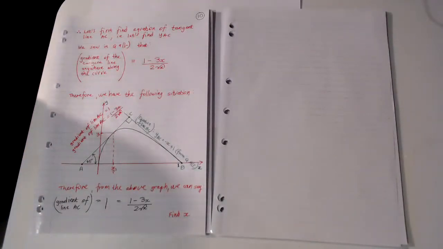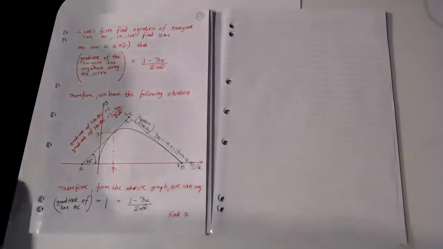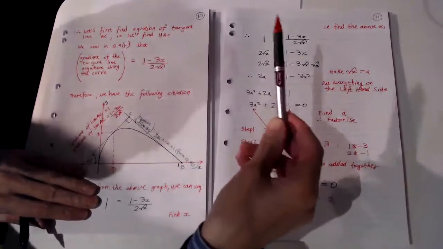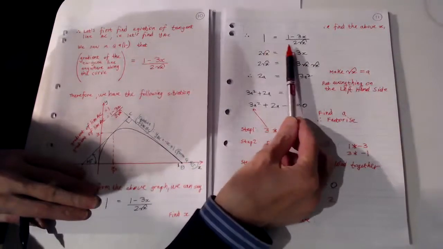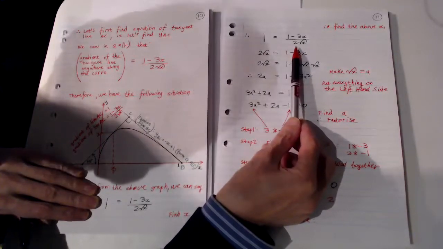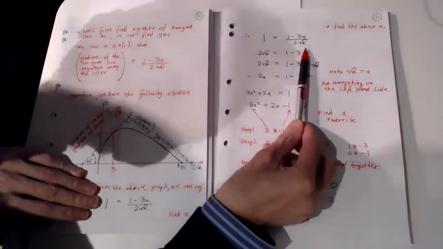The way we work that out is to take the following approach. For this particular sub-question, 1 equals 1 minus 3x on 2 square root of x.